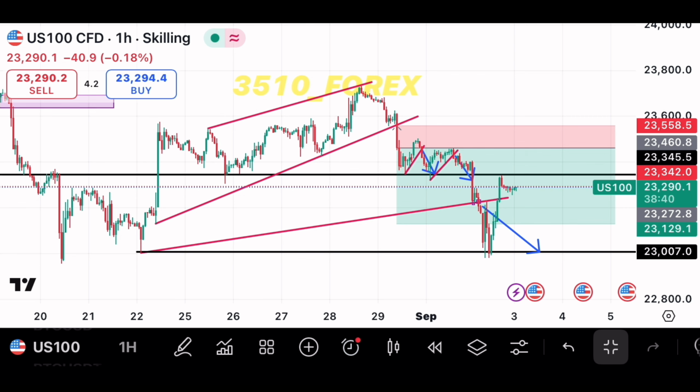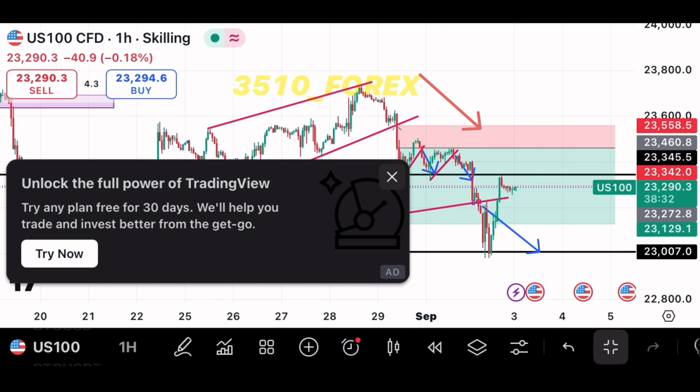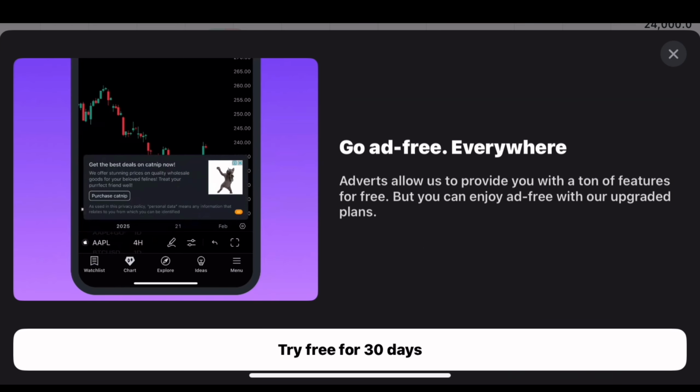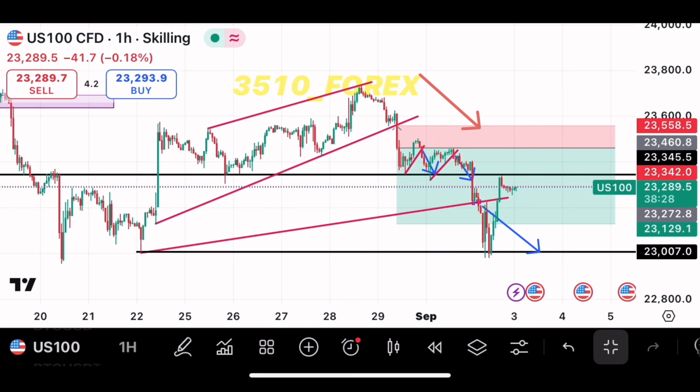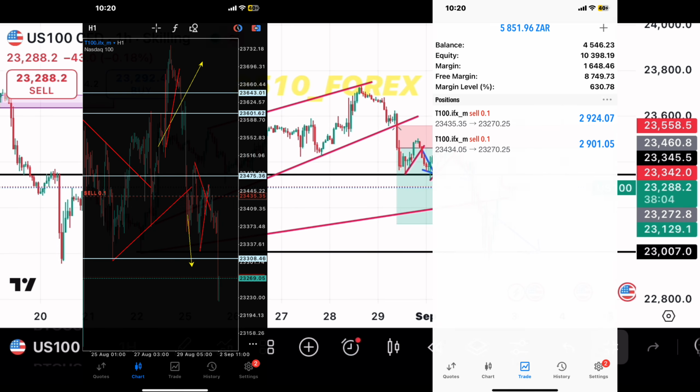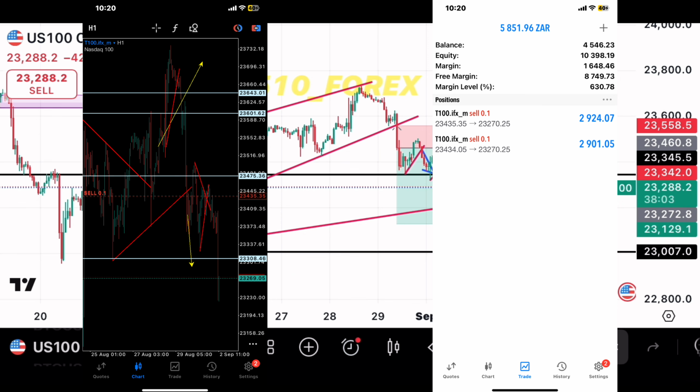After the confirmation, my stop loss was placed above the retest zone, and my take profit was around the support area of 23,000.